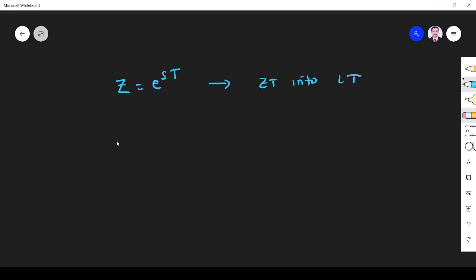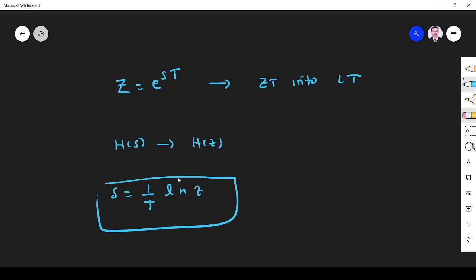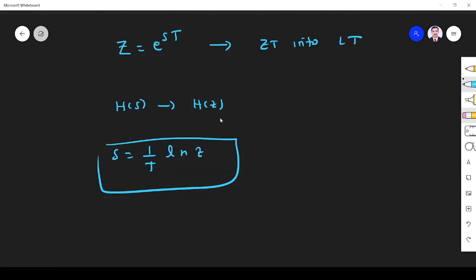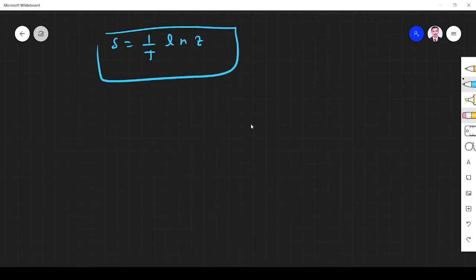If I want to convert Laplace into Z, H of s into H of z, what we have to do is replace s is equal to 1 by T ln z, and it will become the Z transform, right? So this is the way the Laplace transform and the Z transform are related.